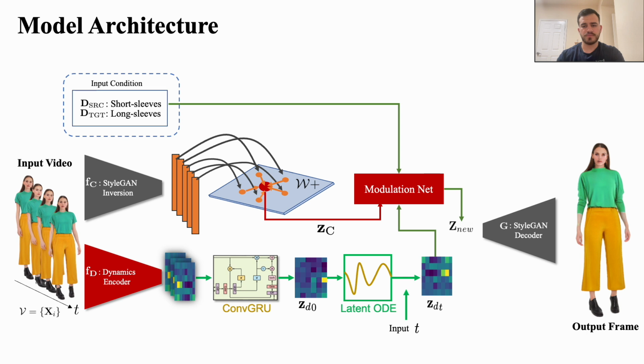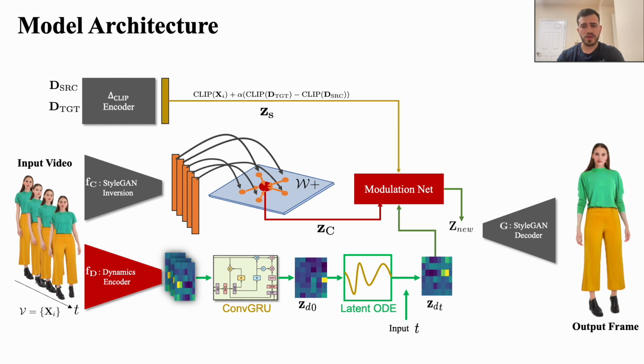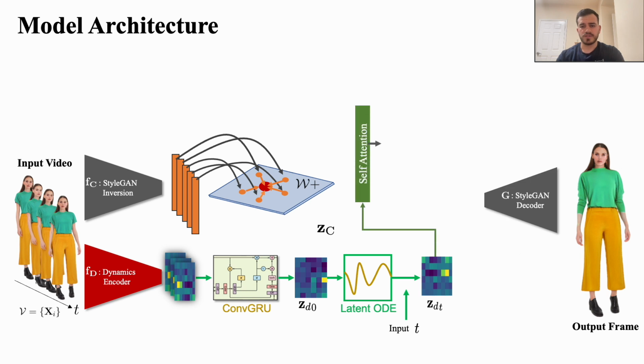To model the target appearance change, we obtain the representation of the target frame in the CLIP latent space by encoding a sampled frame from the input video xi with a CLIP image encoder. We then add to it the direction in the CLIP space between the target and source description multiplied by a parameter alpha. For the modulation net, we first process the sample structure with a self-attention layer by tokenizing the structure representation.